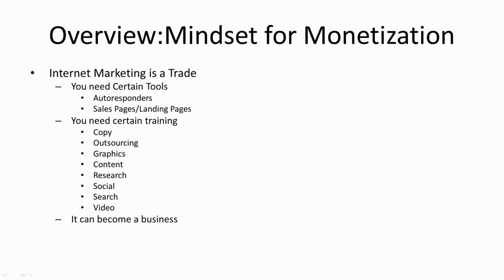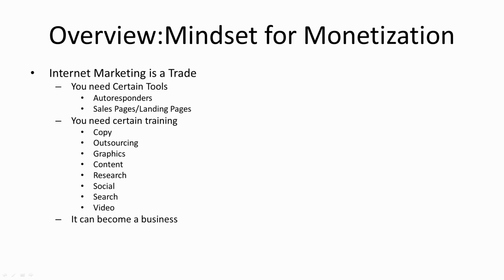If you are going to have your copy or your content outsourced, you want to understand what good content is and whether or not it's effective in what it does. So whether or not you have someone else do these things, you still want to have enough training in your brain to be able to make sure that you understand what's happening.